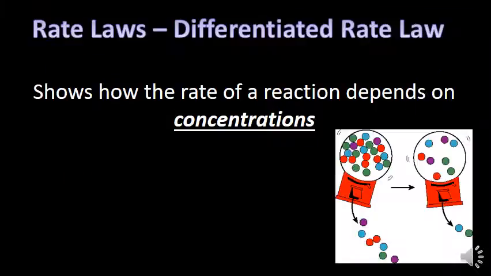These laws show how a reaction depends on concentrations. What we've been doing with the rate laws was finding the rate based on what? There was a method that we were using in those last problems.